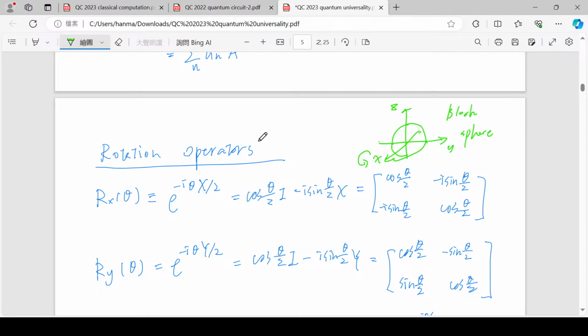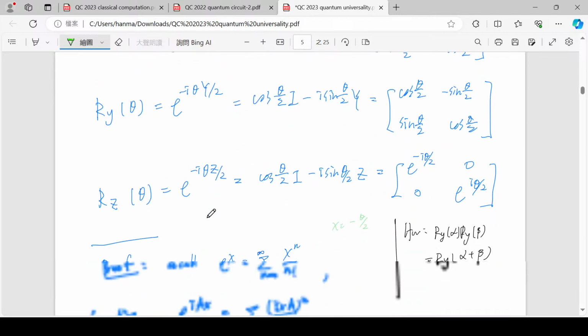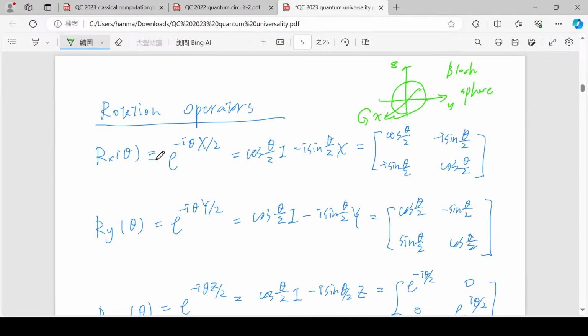Okay. Yeah, so what are they? They are exponentiations of the Pauli operators. So Rx is e to the minus i theta X over 2.